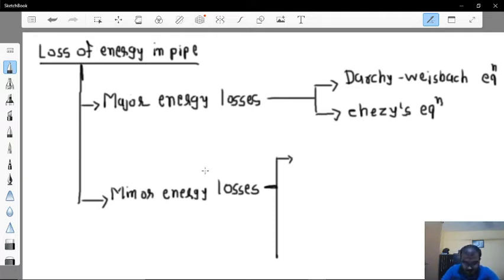First is sudden expansion. Sudden contraction.